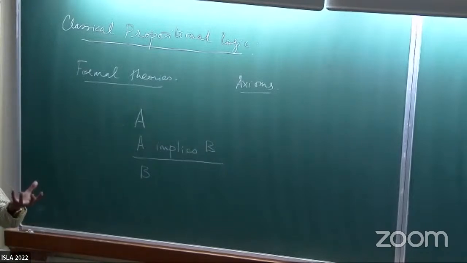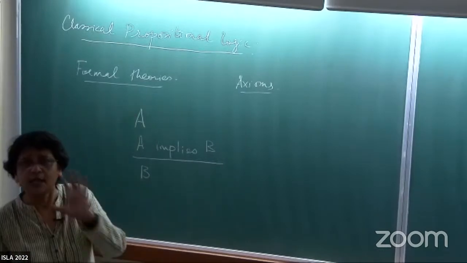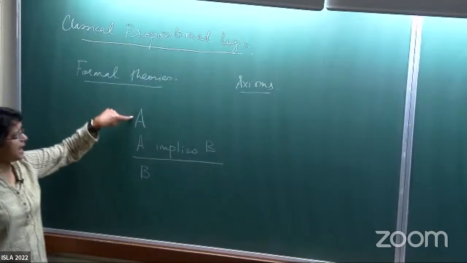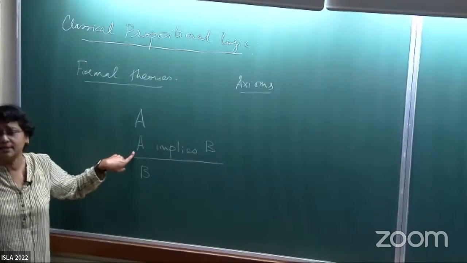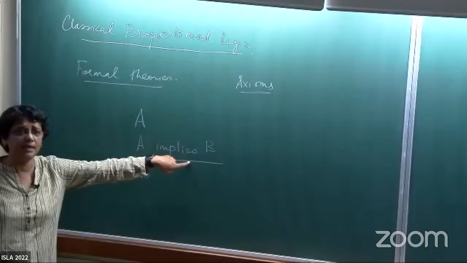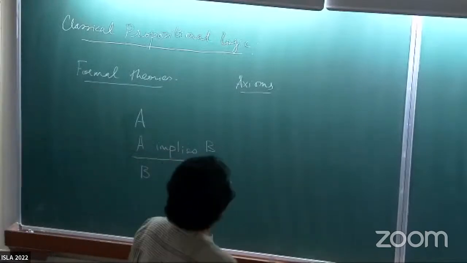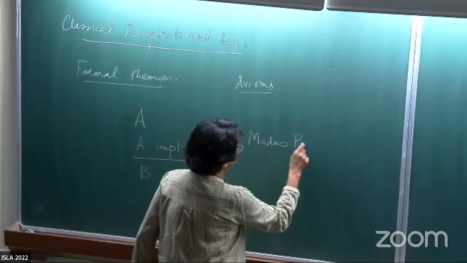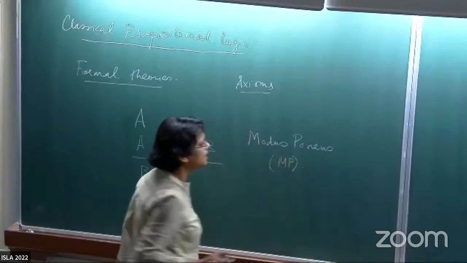You have a statement A, you find by some means, we are not going into how or why the statement A holds. Our point of discussion is that I have found that A holds, that the statement A implies the statement B, and then I am ready to conclude the statement B. So this is famously the rule called modus ponens, or in brief MP, right?